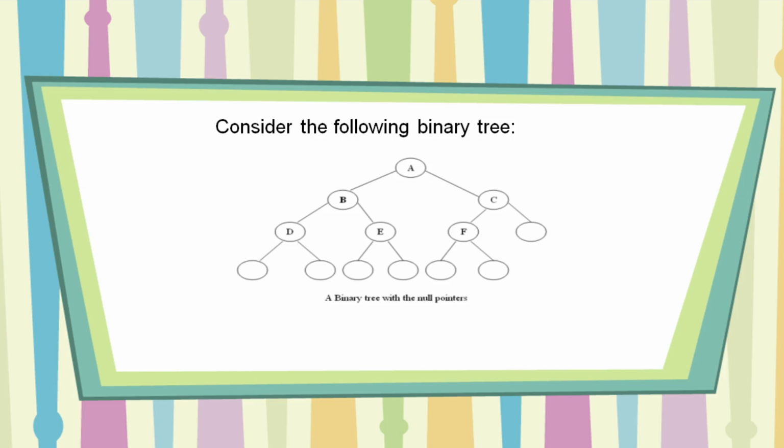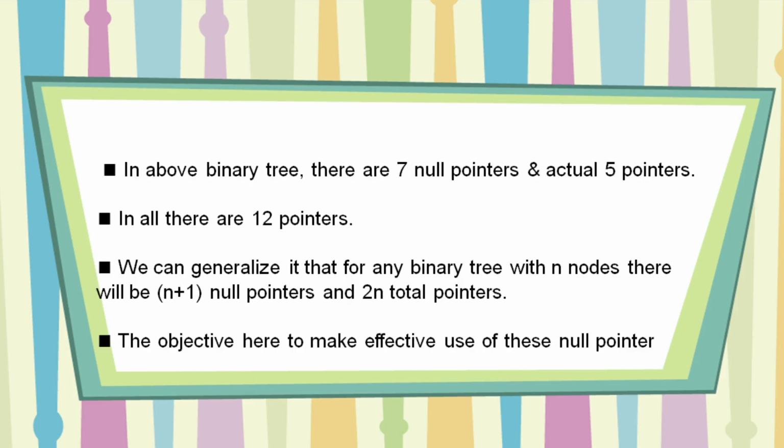Actual pointers are 5 and null pointers are 7. There are 7 null pointers and 5 actual pointers; in all there are 12 pointers. For efficient use of these null pointers, we use threaded binary trees.